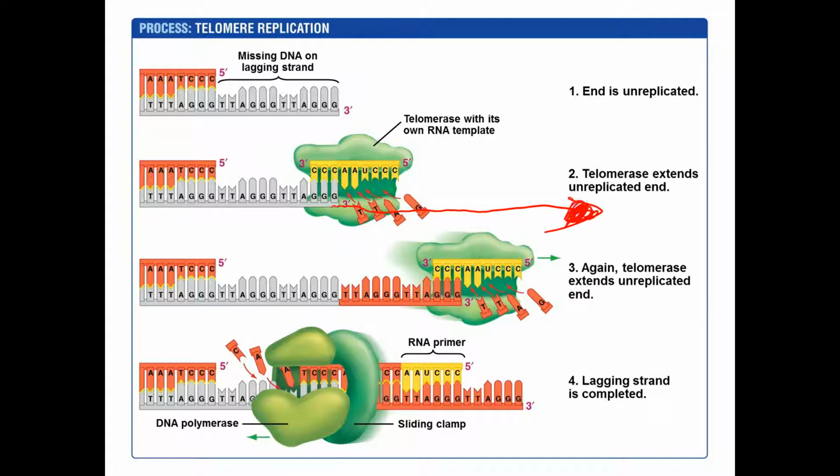So the parental strand is elongated, and your telomerase enzyme continues to lay down new nucleotides to extend the unreplicated end. Then your RNA primer gets laid down, DNA polymerase comes in and replicates the originally unreplicated region of the DNA. And then ligase comes in and glues the gaps.